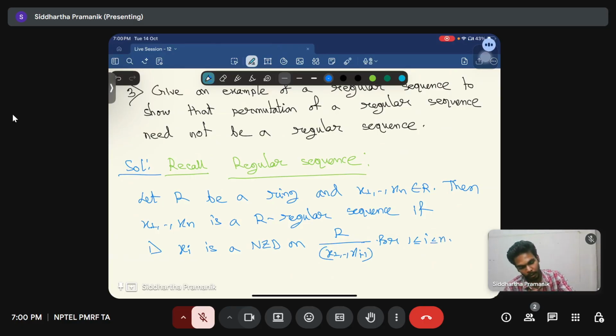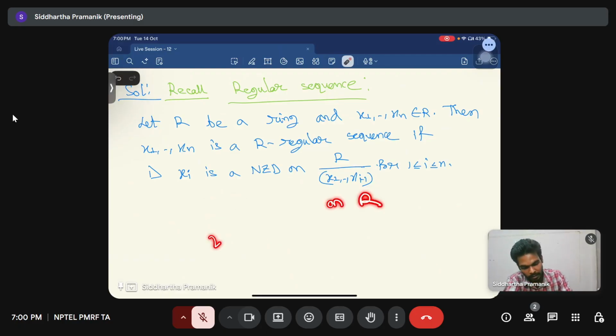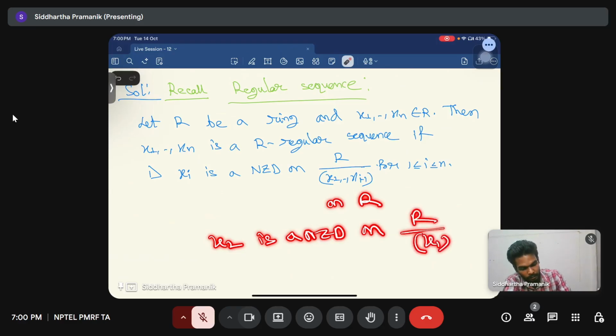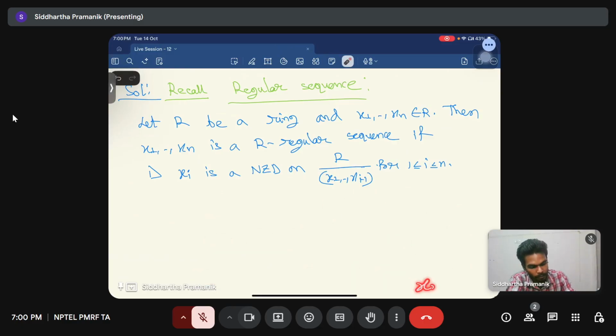So what does this mean? This means x1 is a non-zero divisor on R, x2 is a non-zero divisor on R mod x1, x3 is a non-zero divisor on R mod x1, x2, and so on.